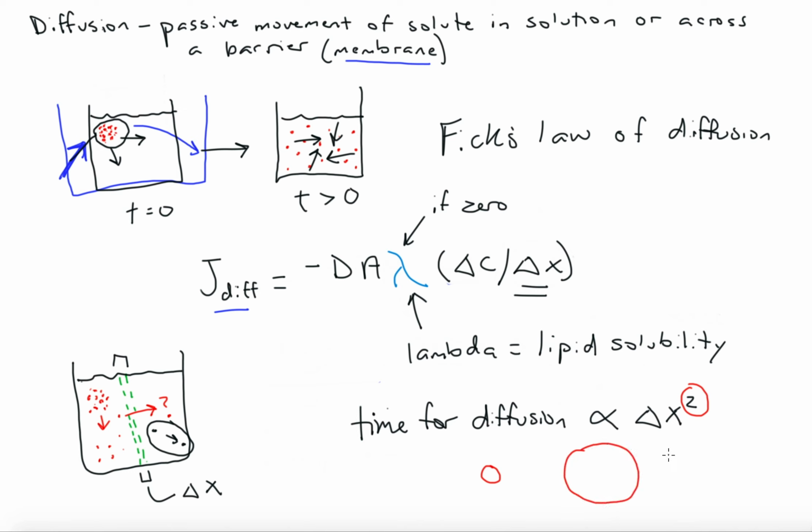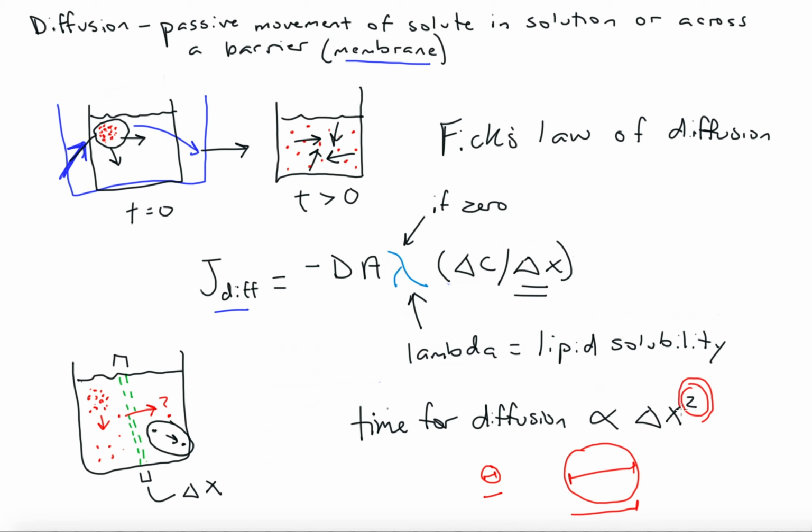So if this was a couple of milliseconds to diffuse across that cell, what's it take to diffuse across, and I mean literally across from one side to the other, right? Well, it's not 10 times. Remember, this bigger cell is 10 times larger than the smaller one. It's not 10 times longer. It's 100 times longer, right? Because of the exponent here, right?